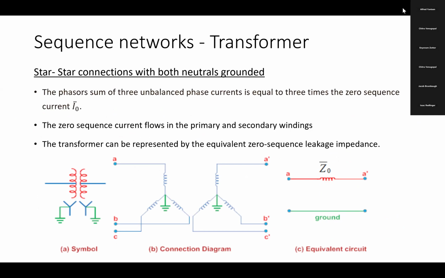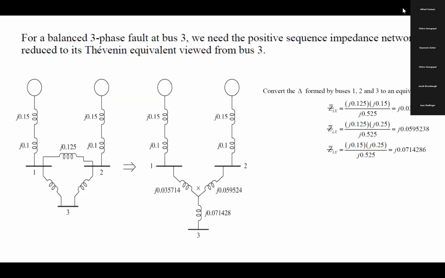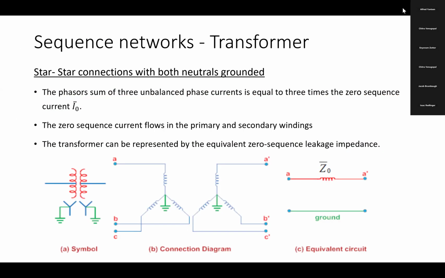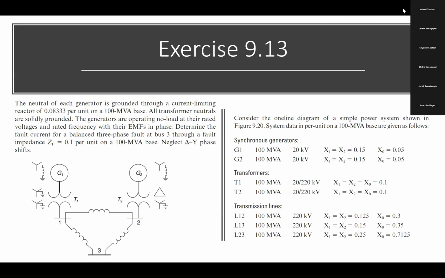For the transformers' positive sequence and the generator values, just take the impedances. This is Y solidly grounded. Solidly grounded means the ground impedance must be reflected in the zero sequence. Otherwise, it's just the impedance.